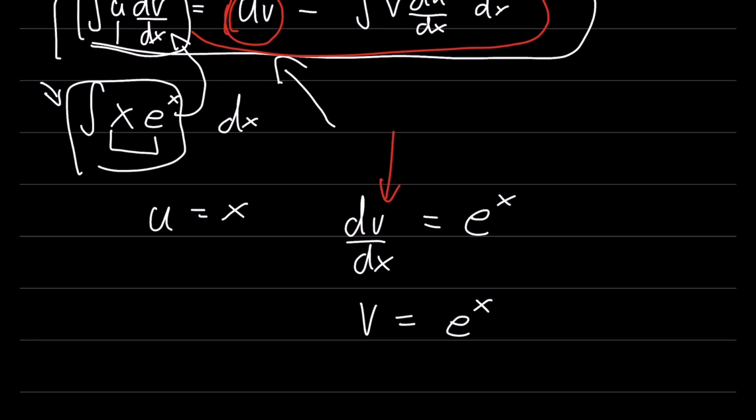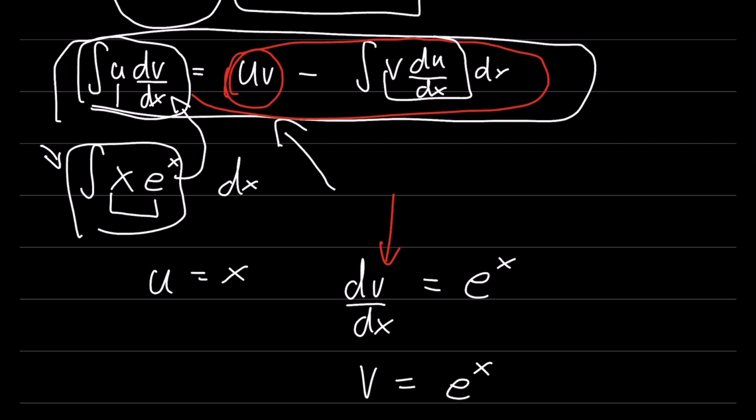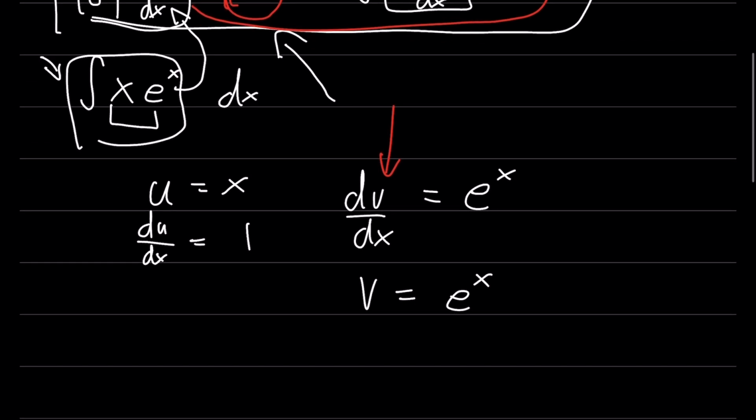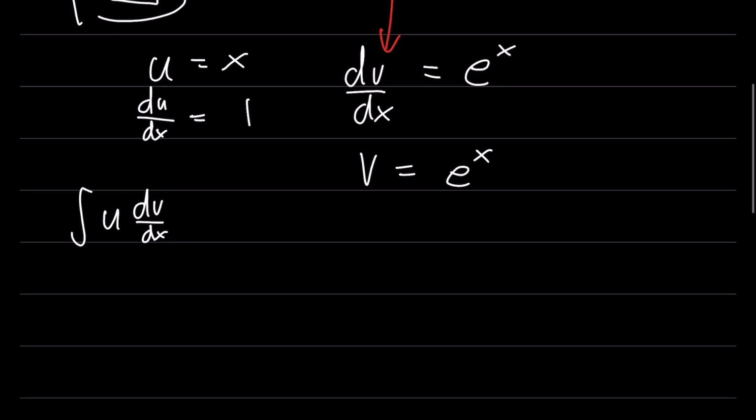And if we differentiate u, du by dx is equal to 1, because the differential of x is just 1. And so if you remember from the form, the integral of u dv by dx is equal to uv minus the integral of v du by dx.